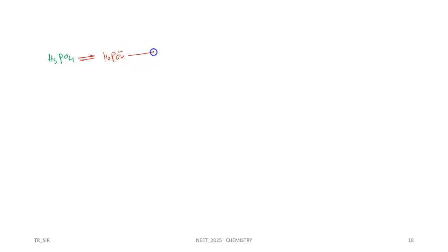Again, from this, remove one more H plus, and you will get HPO4 2 minus. Again, remove another H plus, and PO4 3 minus will come.